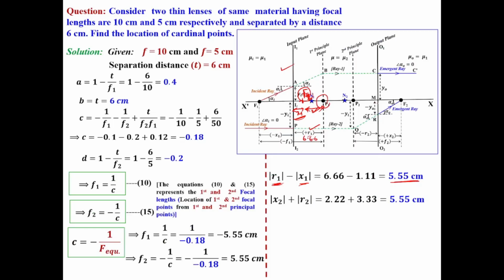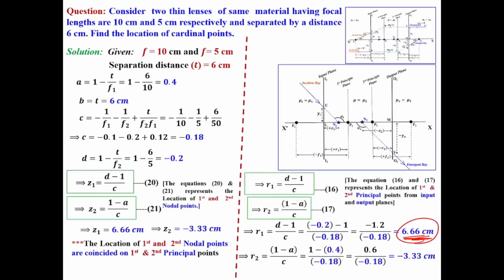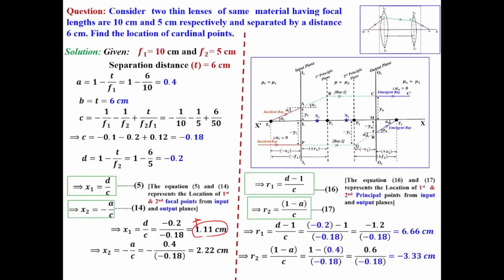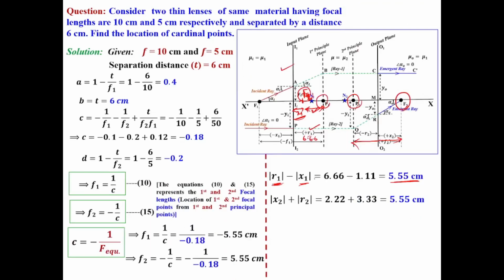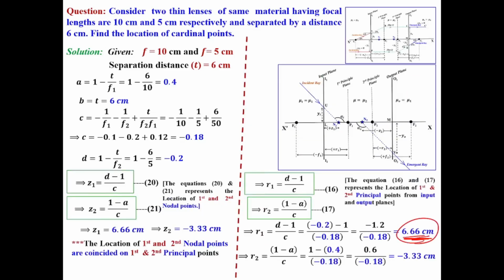Now we are going to find out for the second focal point. Here is the second focal point, this is the second principal point. So this distance is your second focal length, on the right side. Here we found x2 is positive. X2 positive means in this figure, from the output plane, this distance is x2.